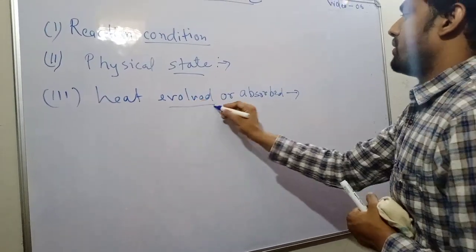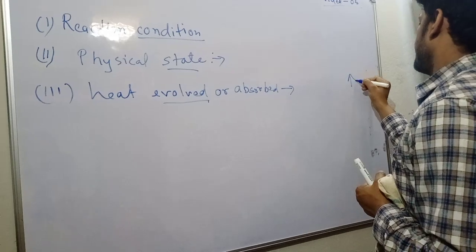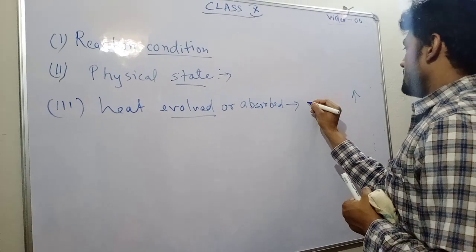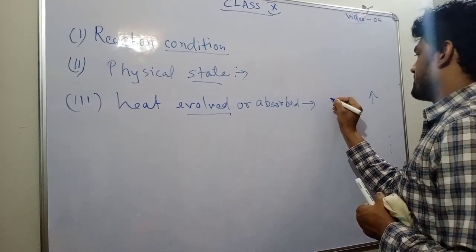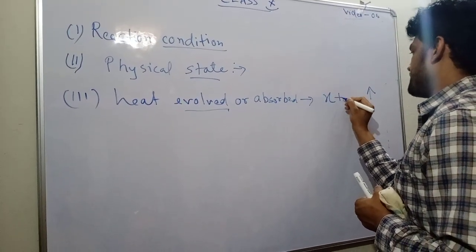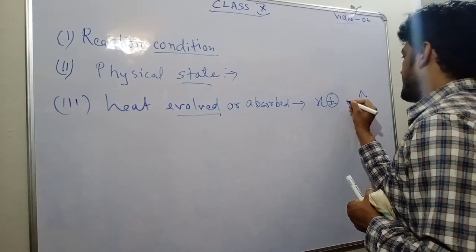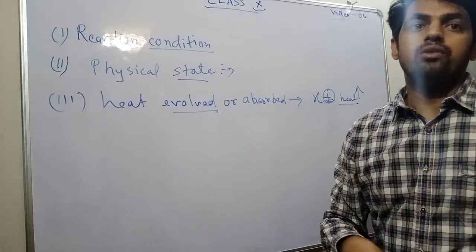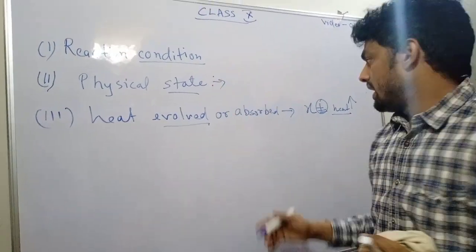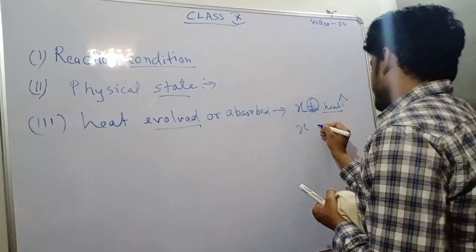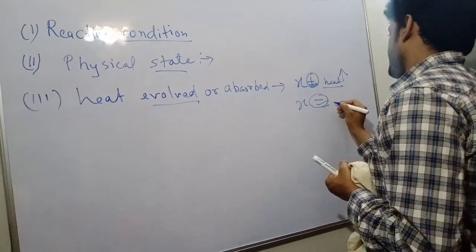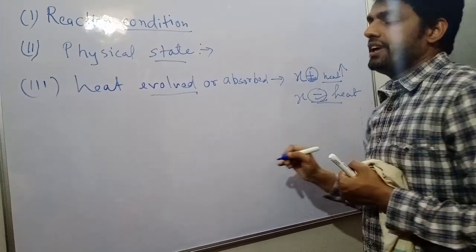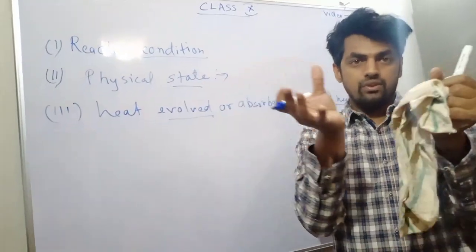If heat is evolved, suppose some element is forming, let it be X, and after that we write a plus sign and heat, and this plus sign shows heat is evolved, heat is liberated. And in place of plus, when we put a minus sign and then write heat, through this symbol we can say that heat is absorbed.